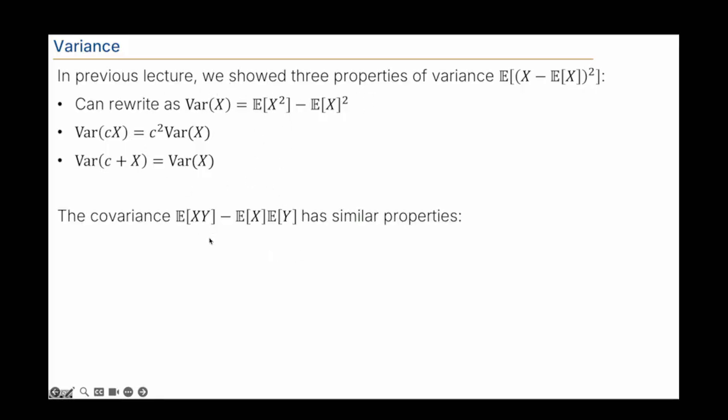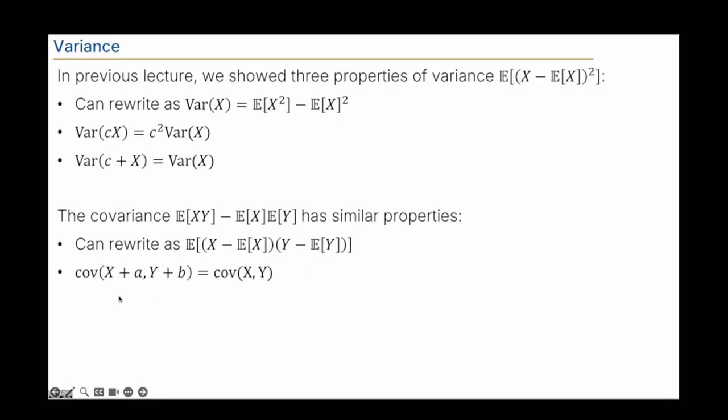How about the covariance? The covariance has some similar properties. For example, we can rewrite it as this, and I'll show that. Just like variance had 2 forms that we'll often use, with covariance there are 2 forms we'll often use. The covariance of 2 random variables, if you add constants to them independently, is just the covariance without the constants.